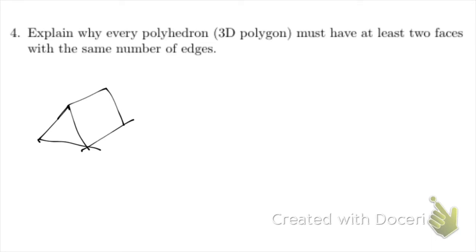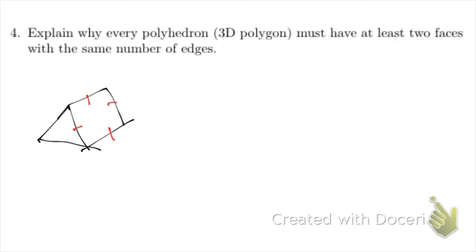Okay, so there's one side of a polyhedron. Alright, so I'm going to consider the face that has the maximum number of edges. So perhaps in this polyhedron we can't see the rest of it, but perhaps this face has the maximum number of edges, and that's 4 edges.